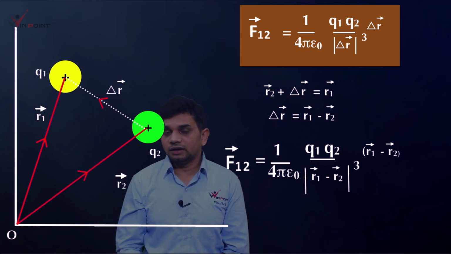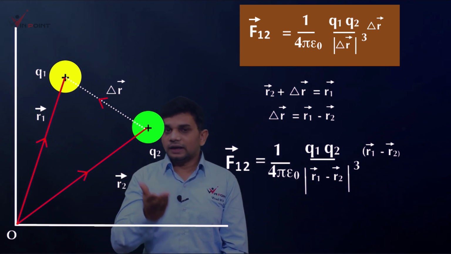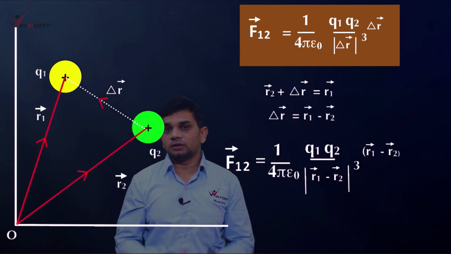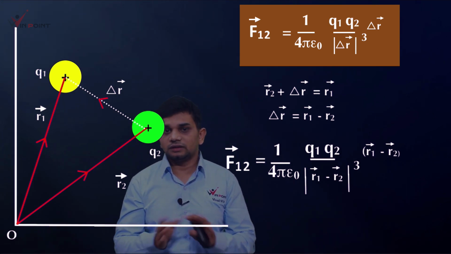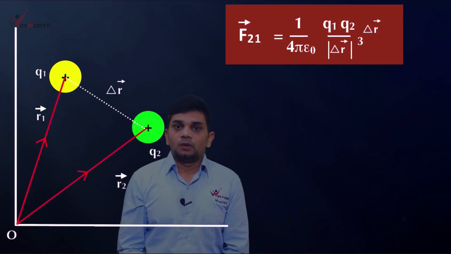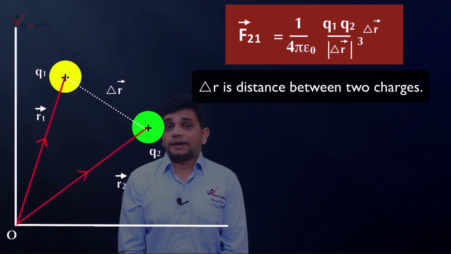Now let us write the equation for force acting on Q2 because of Q1. You can directly write it from here. Just rearrange the equation, interchange R1 and R2. But we are going to derive that also. F21 equals 1 by 4 pi epsilon 0 Q1 Q2. We don't know these values. How to find that value?